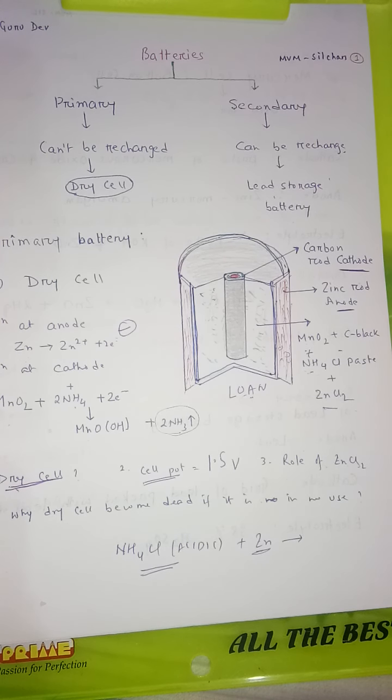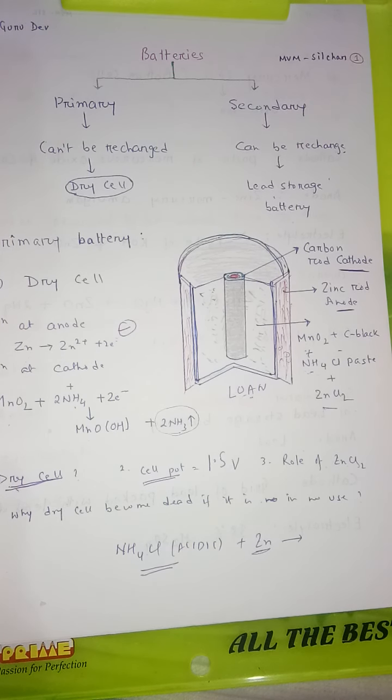We have also learned some reactions. Zinc at the anode converts to Zn2+ and 2 electrons; at the cathode, MnO2, ammonium ion and electrons form MnOOH and 2 ammonia. We have also learned that the dry cell is called dry because the electrolyte present in it is in dry condition or solid form.